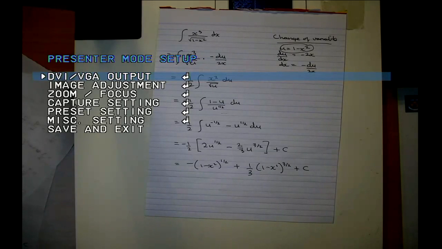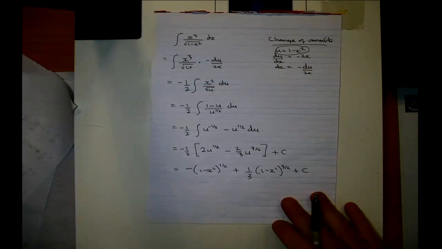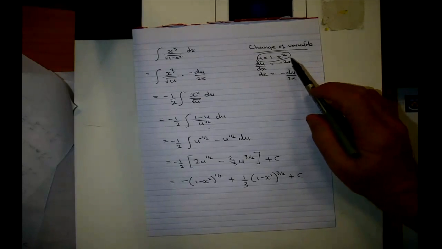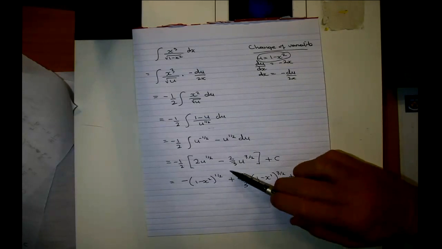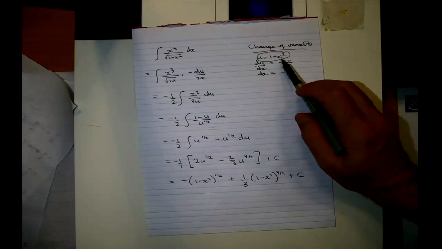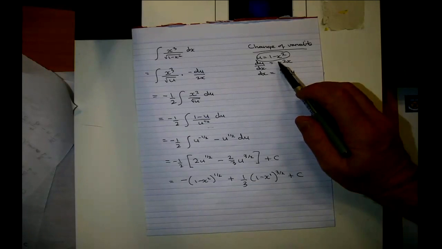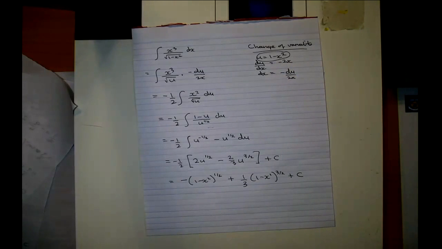Awesome, right? So you could do it that way. But although it looks like it's saved you more work, the trick is you have to have spotted this. Whereas the inverse trig method just works.